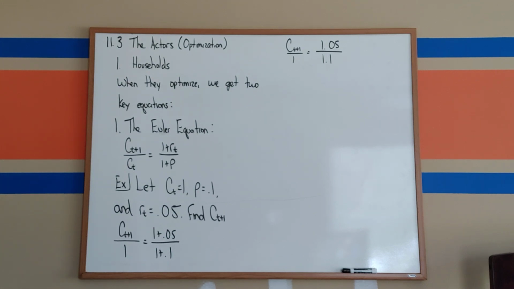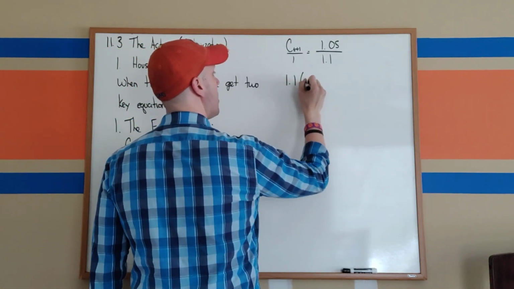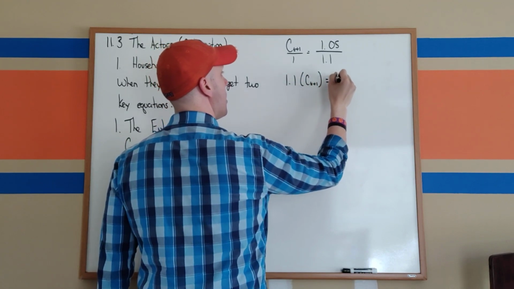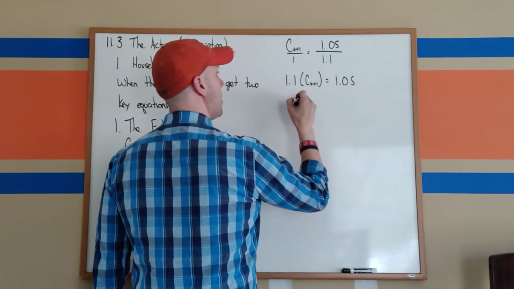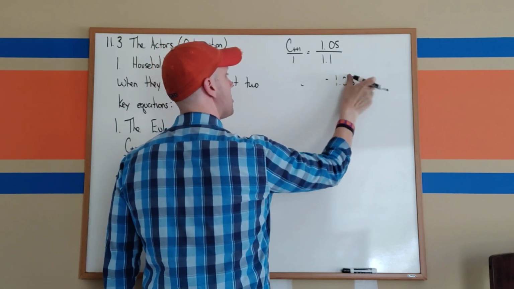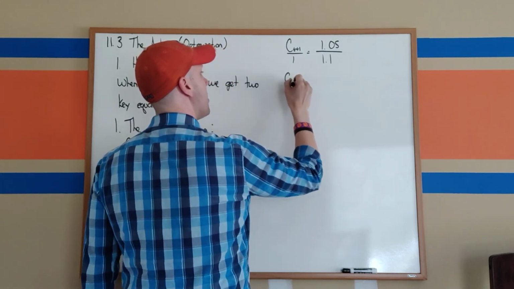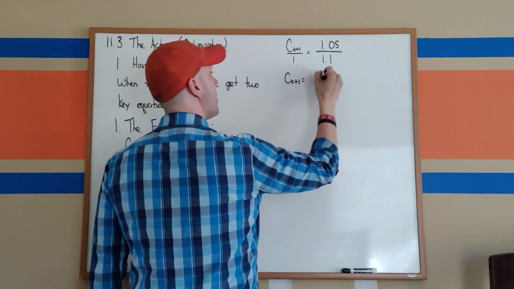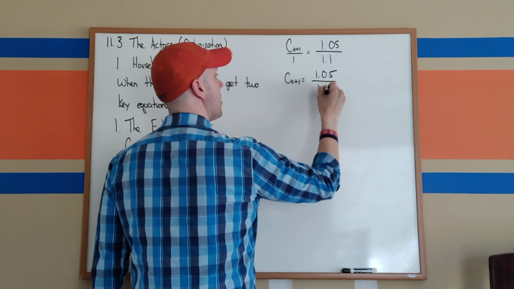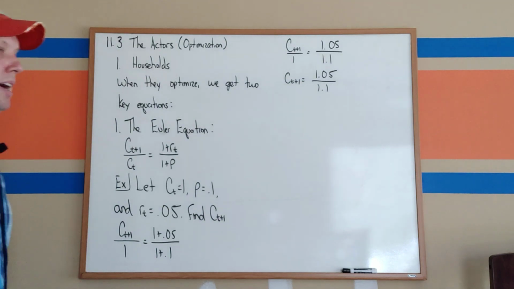All right, well, I've got C_{t+1} equals 1.05 divided by 1.1.